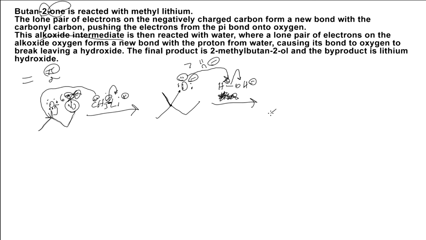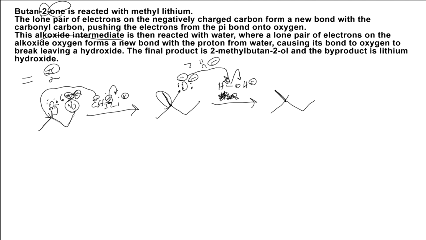So then that forms the final product here, which is still going to have our butane with 4 carbons in the chain. And then at the 2 carbon, we're going to have the 2-methyl. So we have that. That's the same as right here.